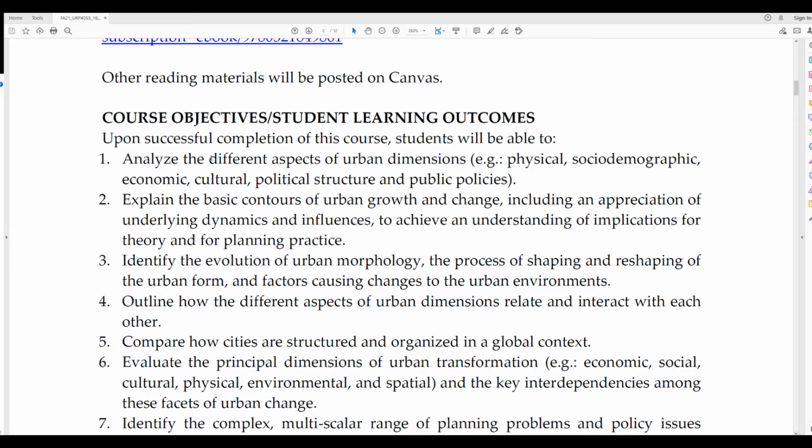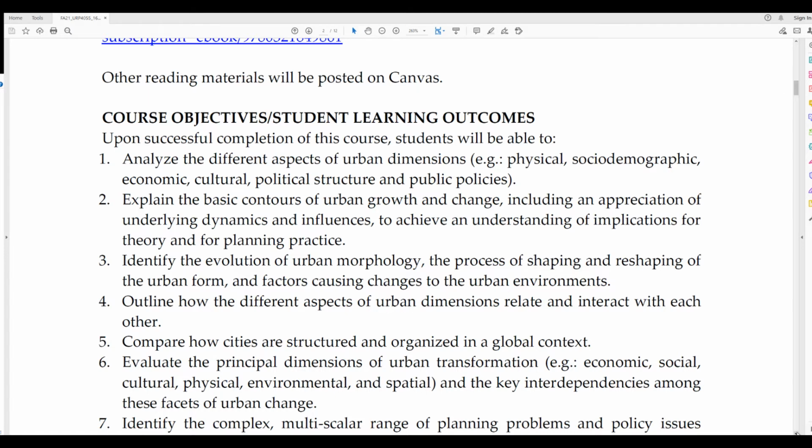The first one is to analyze the different aspects of urban dimensions, such as physical, social, demographic, economic, cultural, political structure, and the public policies. The second is to explain the basic concepts of urban growth and change. The third one is to identify the evolution of change.